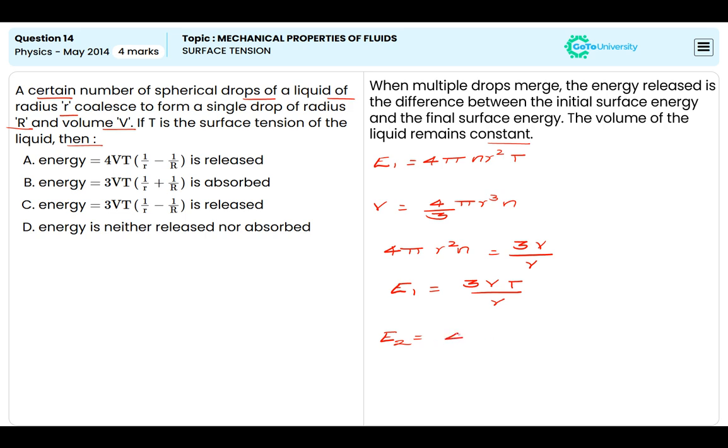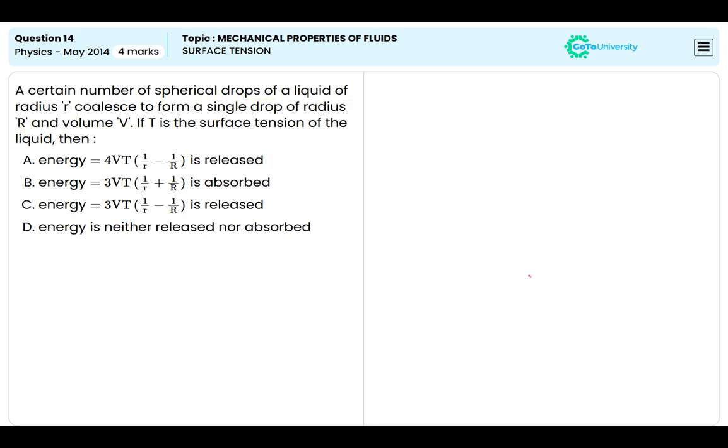We can write that as 4 pi R square into T. Given that V is the same, that is 4 by 3 pi R cube, we can derive 4 pi R square is equal to 3V divided by R. Therefore, the final expression of E2 becomes E2 is equal to 3 into V into T divided by R.